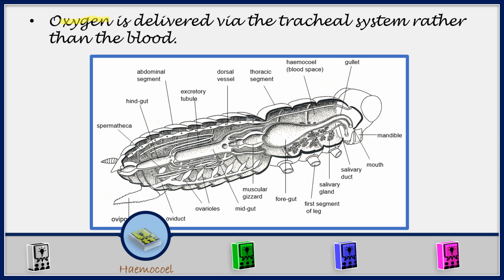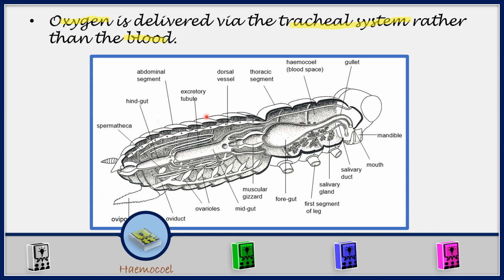Oxygen is delivered via the tracheal system rather than the blood. Earlier on, we looked at the tracheal system, which we have not shown here. We saw that there are holes on the sides of the exoskeleton, which we called the spiracles.